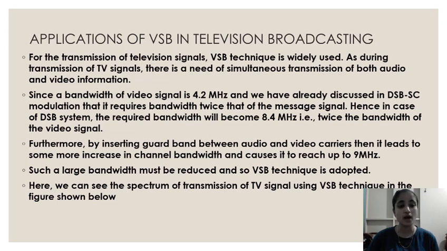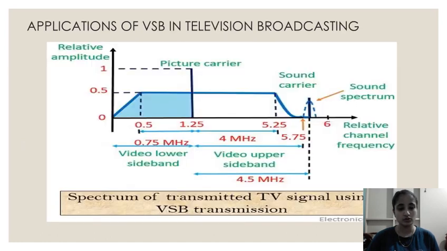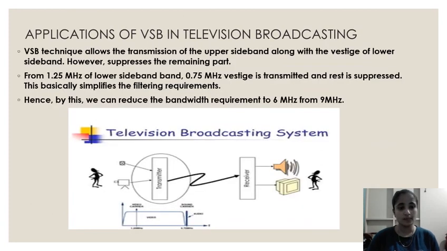Such a large bandwidth must be reduced and so the VSB technique is adopted. Here we can see the spectrum of the transmission of the TV signal using the VSB technique in the figure shown below. This is the spectrum of the transmitted TV signal using VSB transmission. The VSB technique allows the transmission of the upper sideband along with the vestige of the lower sideband, however, it suppresses the remaining part.